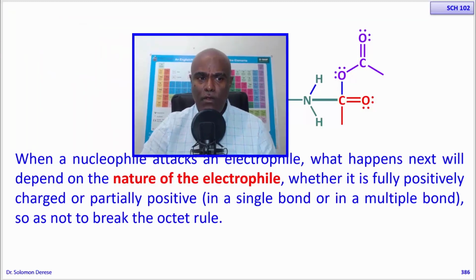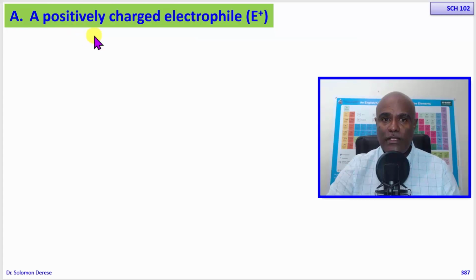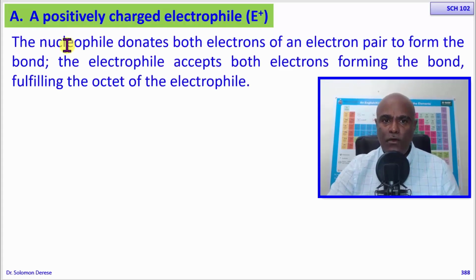The first scenario, A, is when the electrophile is positively charged. In this case, the nucleophile donates both electrons of an electron pair to form the bond. Then the electrophile accepts both electrons, forming the bond, fulfilling the octet of the electrophile. So the electrophile is fully positively charged, and as a result, it does not have an octet of electrons.